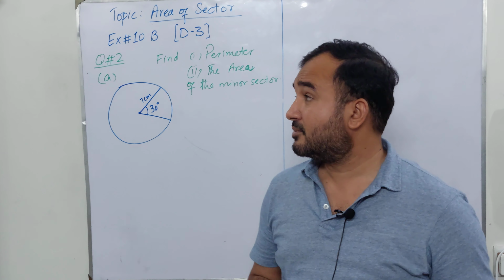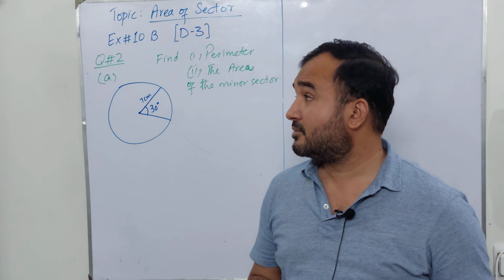So it will be 12.83. Here the unit is centimeter, and this one is 12.83 square centimeter.